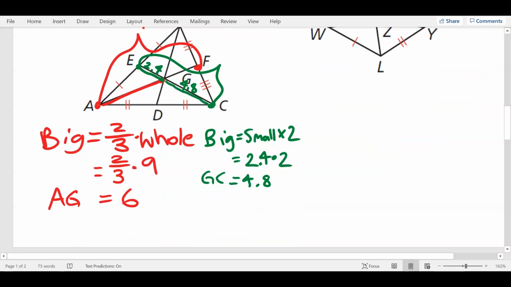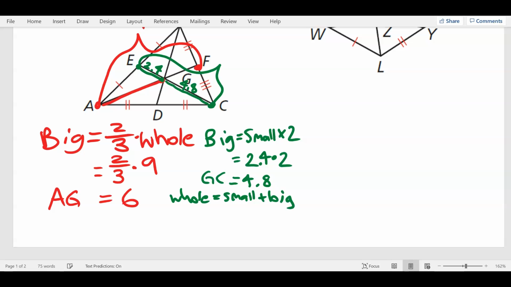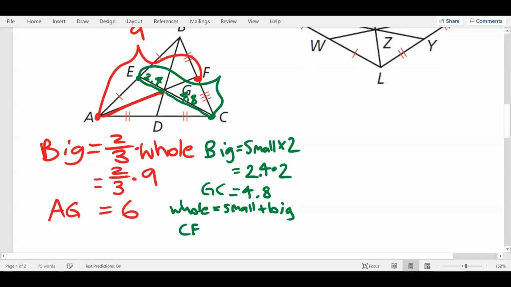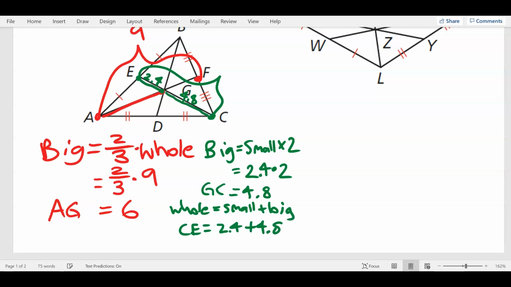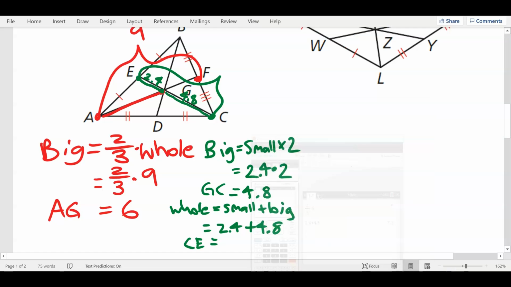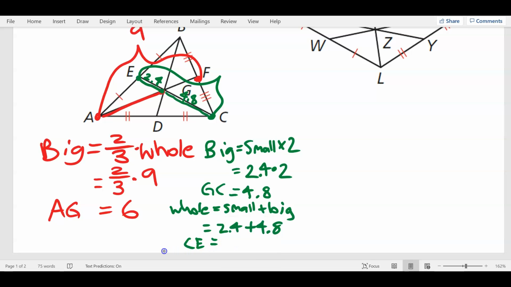So let's do that. The whole equals small plus big. So that means CE, the whole thing, equals 2.4 plus 4.8, the small plus the big, which equals what? 2.4 plus 4.8 is 7.2.